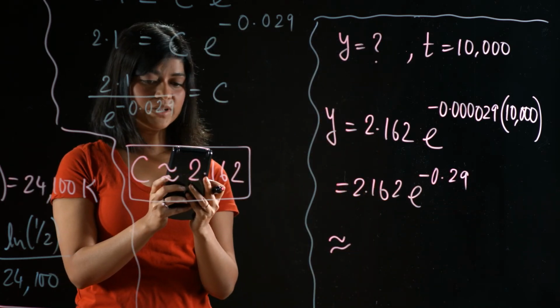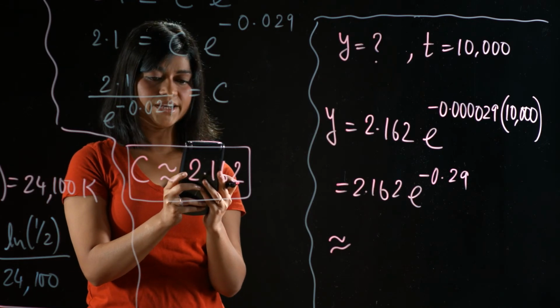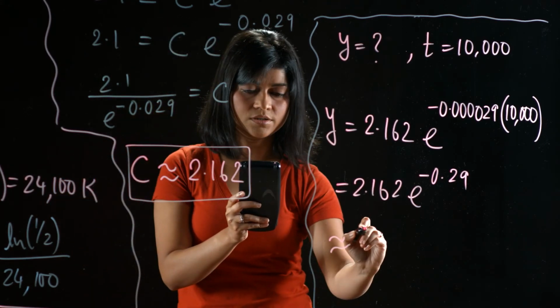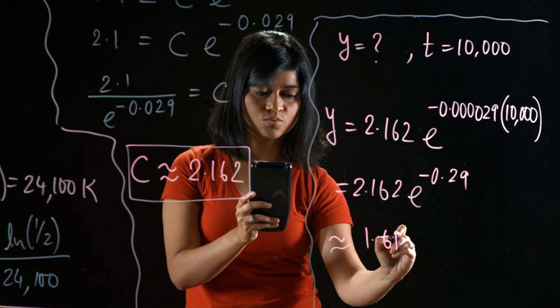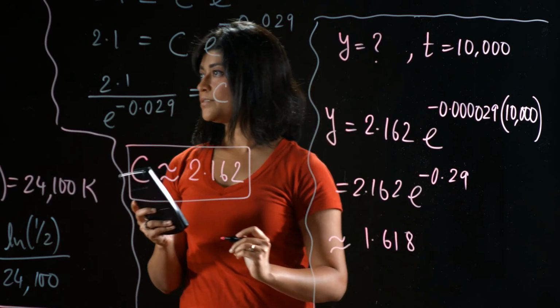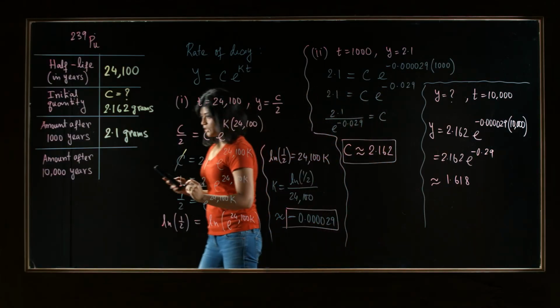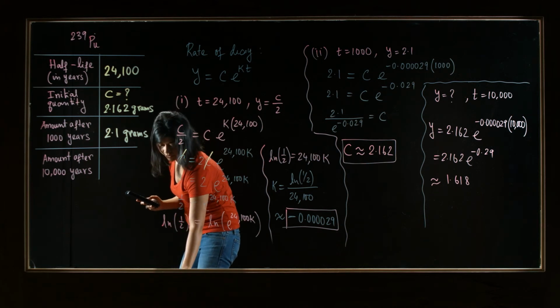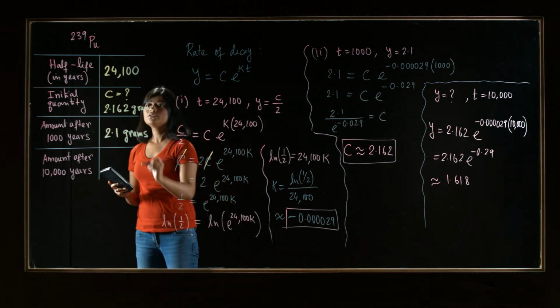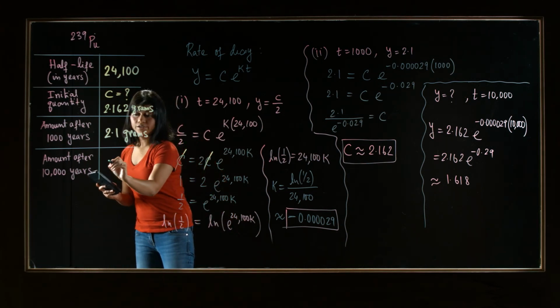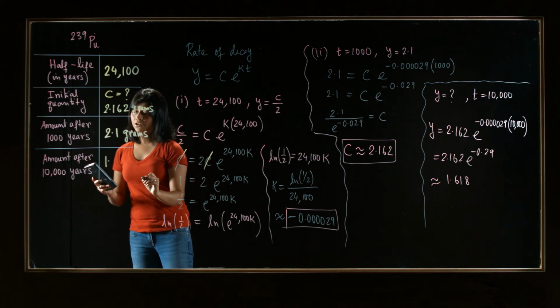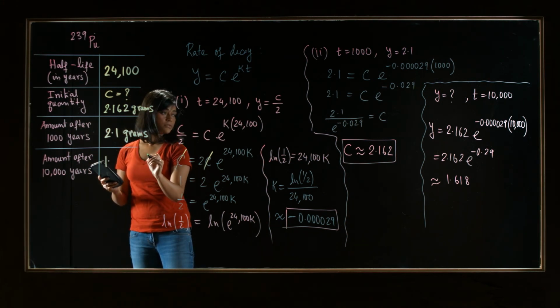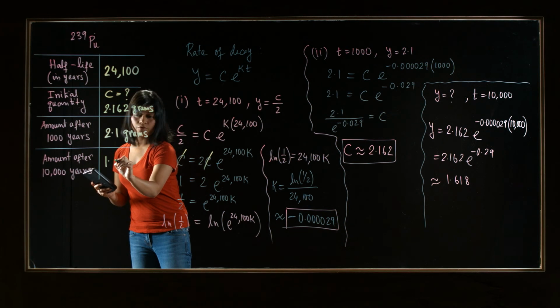Plug it in: 2.162 times e to the power negative 0.29 is 1.618. So come back to your table and write down that after 10,000 years, the amount will be 1.618 grams.